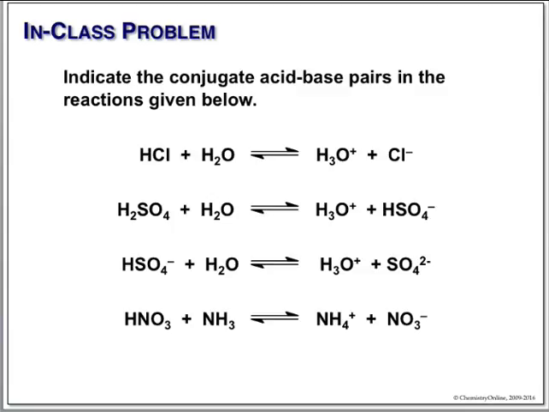So in our first one, who donates the proton? Well, clearly it's got to be HCl, doesn't it? So we will say that HCl must be our acid. And when it loses its proton, what does it form? Its conjugate base, one less proton, and one more negative charge.